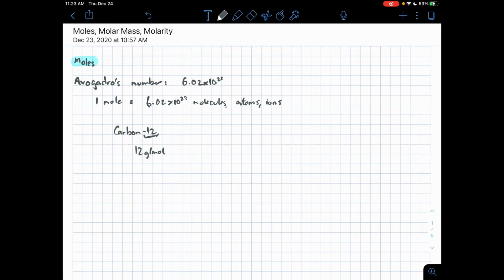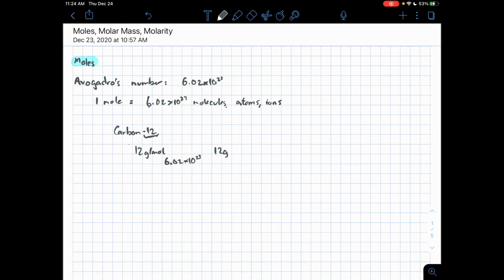So scientists thought that if you had a sample of that element and the mass in grams was equal to the atomic mass, so in this case 12 grams, then what would be the amount of particles or atoms or ions inside of that sample? Well, the number they came up with was 6.02 times 10 to the 23.